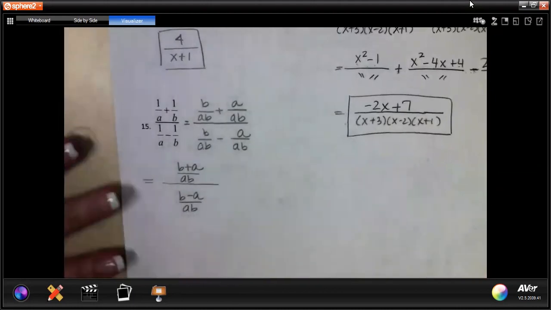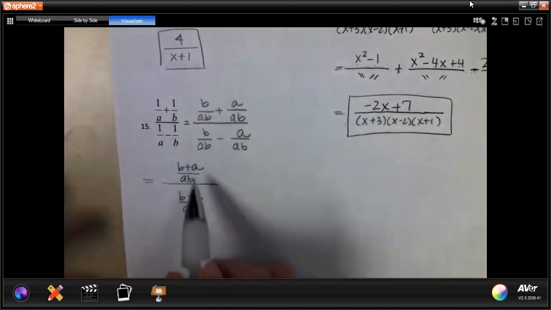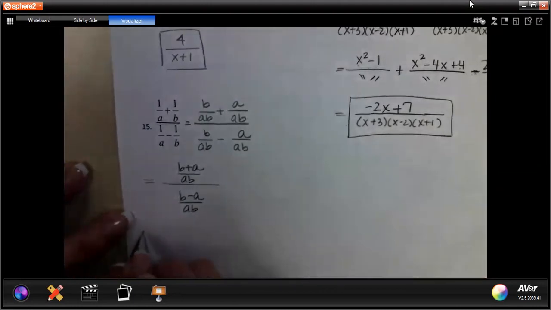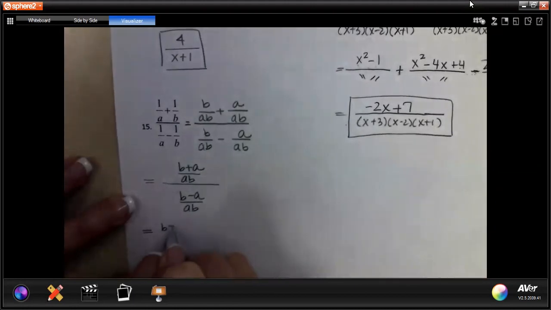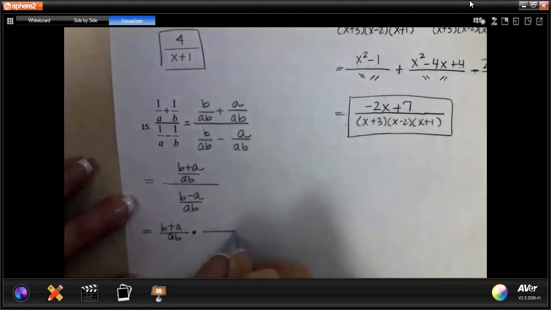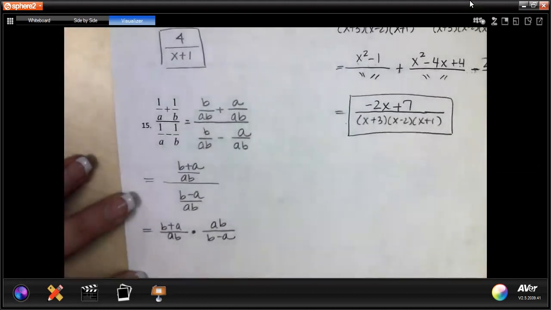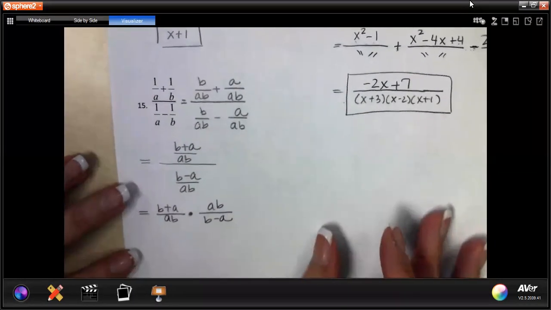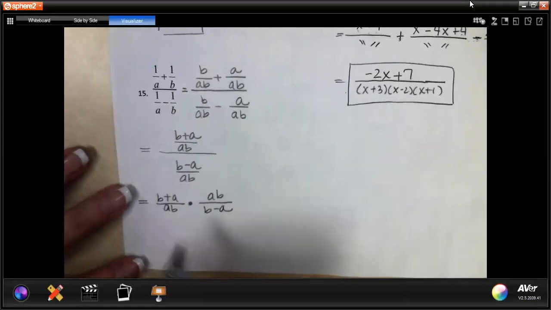Now we're ready to do the division since we've got one fraction on top of one fraction. And so we said when we divide, we keep the top one there. And then we change to multiplication, and then we flip that second one. Now with multiplication, we can go ahead and simplify if something's in the numerator and the denominator.